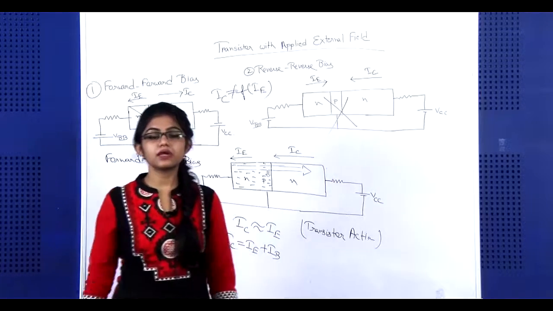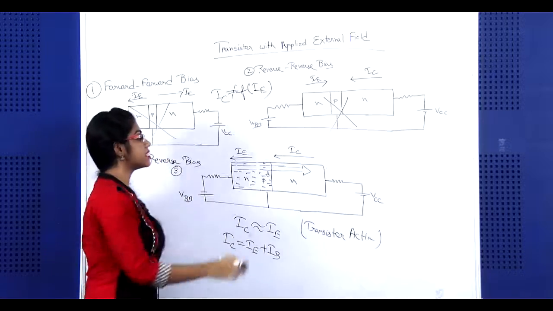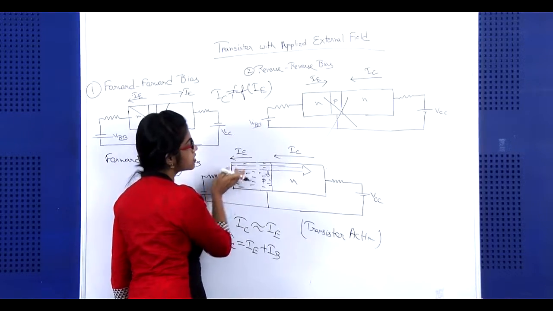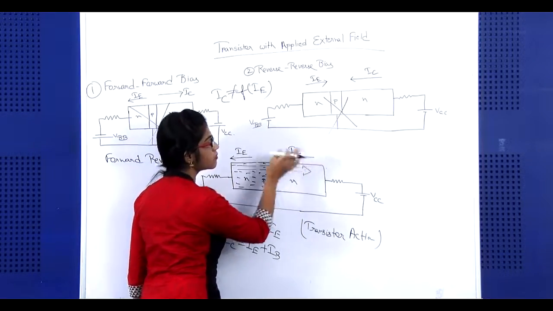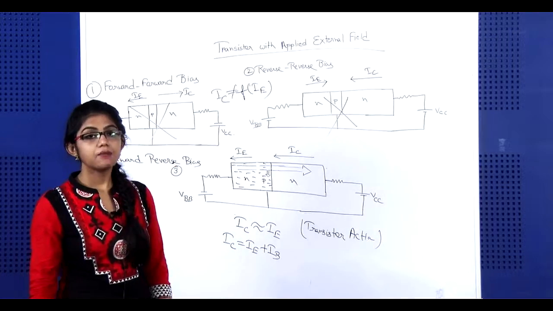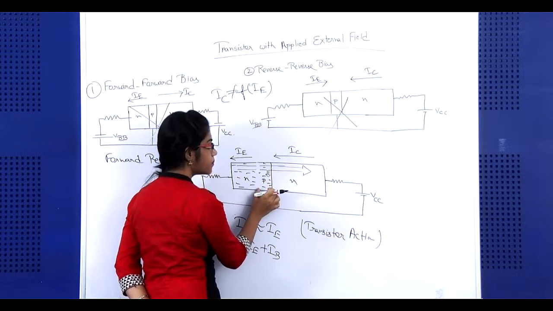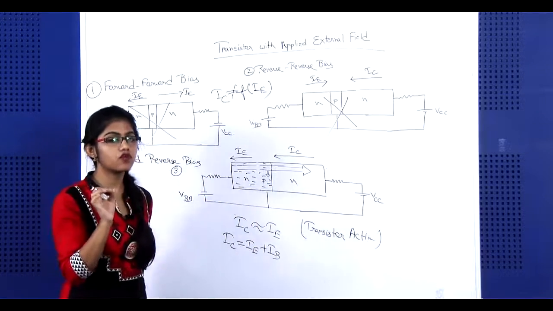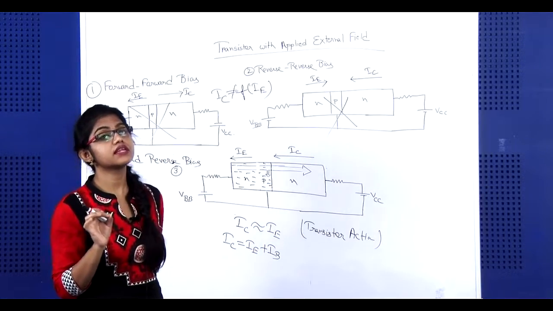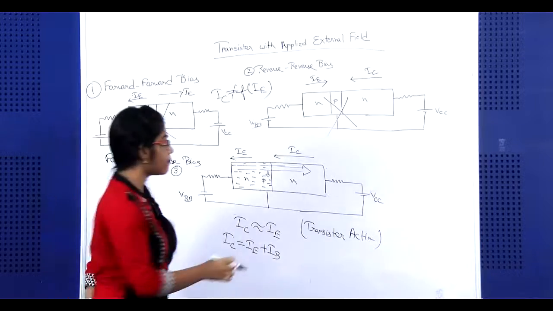So, what actually happened? 99% of electrons can cross this base region and come to the collector region. Why? Because in the previous case, the minority charge carrier of the P region was electron, but the amount of electron was very less. But in this case, the amount is huge.